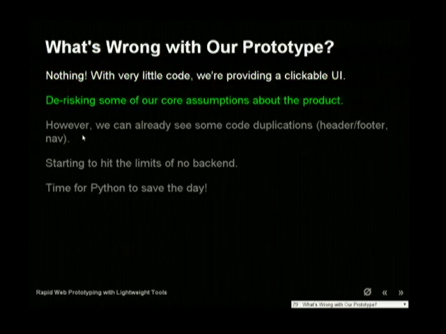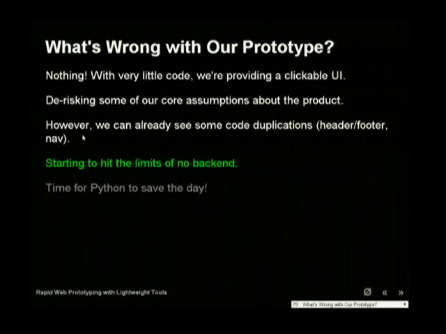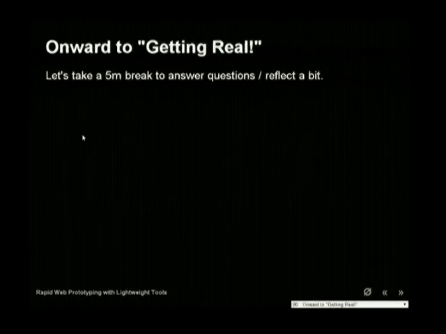But we can already see that we've got this header-footer code duplication, and that not having a backend, although it's nice to be able to show someone a submit form, is probably pretty frustrating if when you click the submit button, nothing happens. So we should probably implement that right now. And that's where we'll start getting into Flask and Jinja to actually do this.